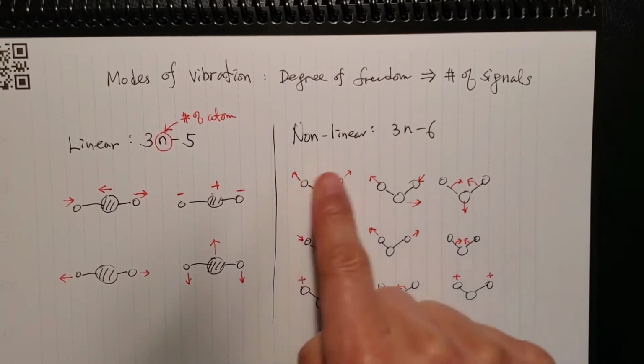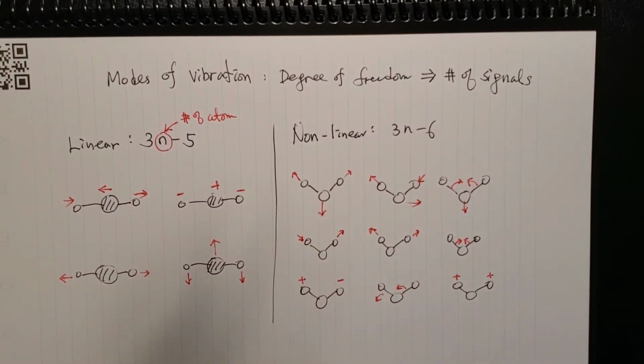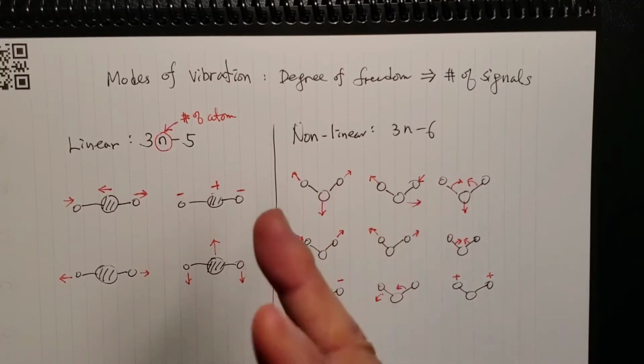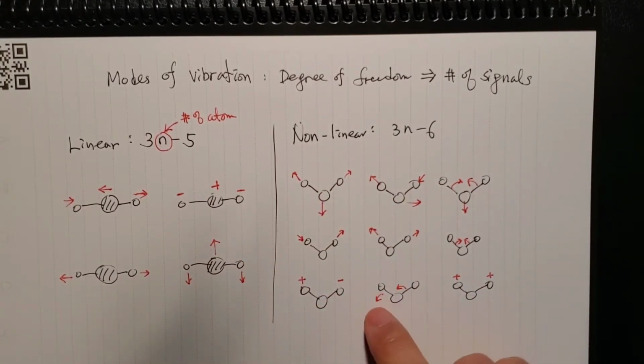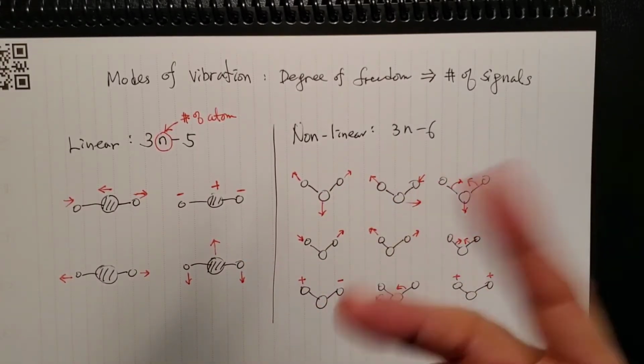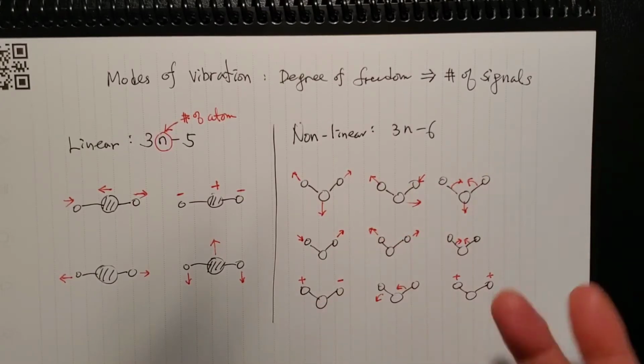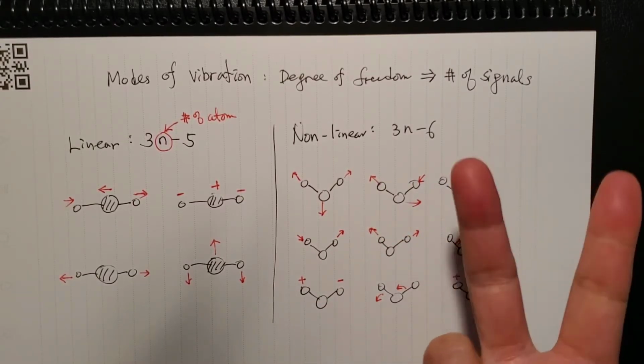Some are changing just the distance of the bond, but some are like scissoring, changing the angle. In these, one goes up and the other goes down, but the central ones are not moving, so it's like twisting, right? And these two are moving in the same direction, like wagging, right? And these two are like rocking, right?